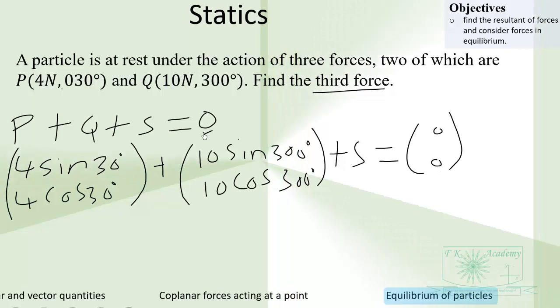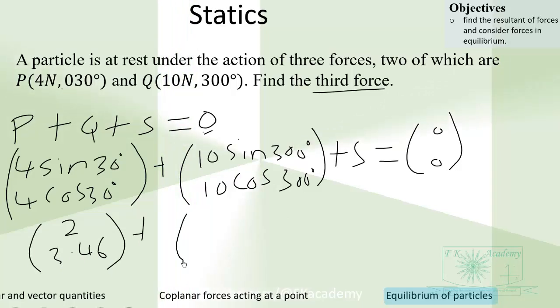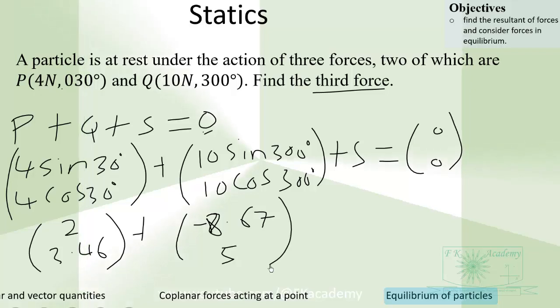So the 0 vector has component 0, 0. So 4 sine 30 is 2. And 4 cos 30 is 3.46. Then 10 sine 300 is negative 8.67. Then we have 5 for 10 cos 300 plus S is equal to 0, 0.